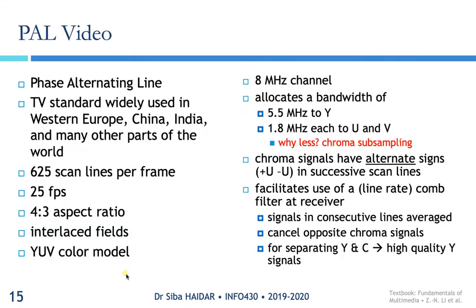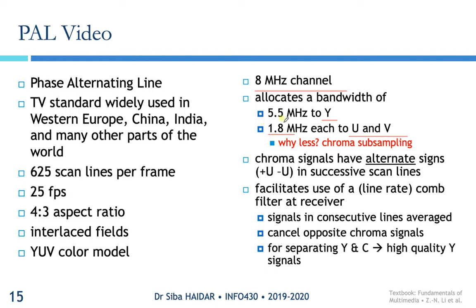Okay, so we know that. And in this video standard, we have 8 megahertz per channel, in which we allocate for the luminance 5.5 megahertz, and for the chrominances, which are U and V, we allocate 1.8 megahertz. And this is discrimination. Why on earth do we allocate more megahertz to one channel than to the other two?